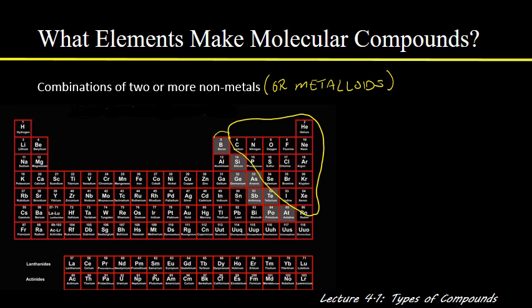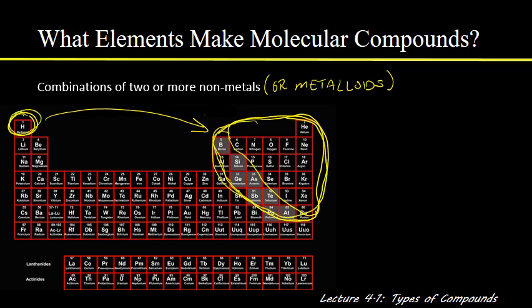I would include metalloids in this group for identifying molecular compounds. So nonmetals or metalloids in combination with one another form covalent compounds or molecular compounds. And remember, also with hydrogen, we should think of hydrogen as being over here, even though it's on the left side of the table, it's a nonmetal. So anytime we form a compound using these elements, then the compound is going to be molecular or covalent, right? Just two synonyms for the same thing.